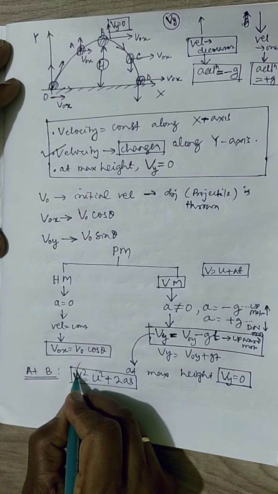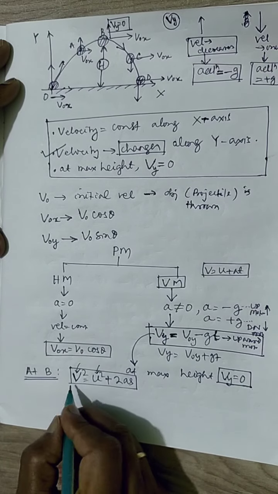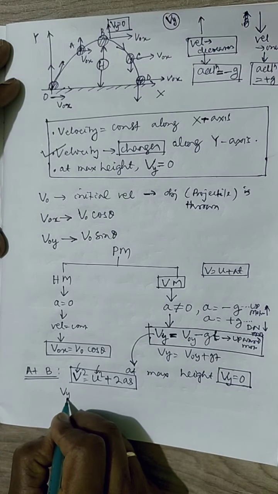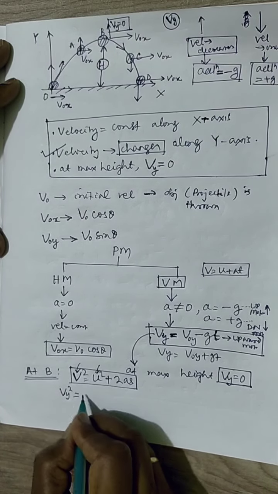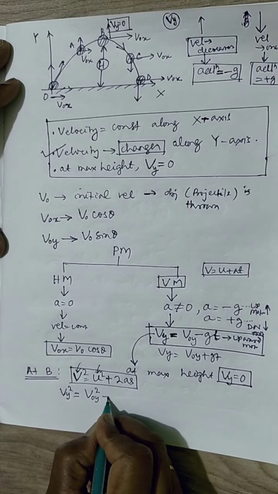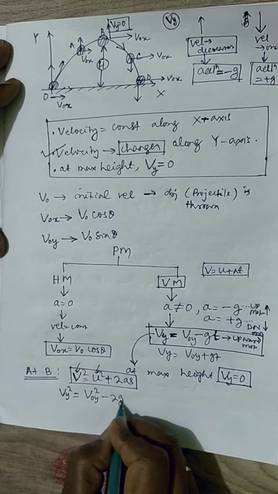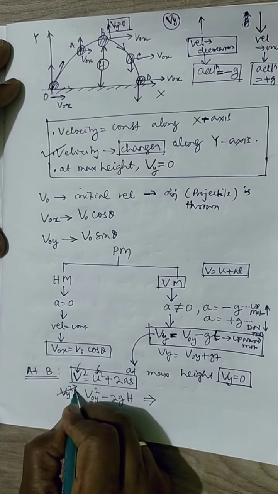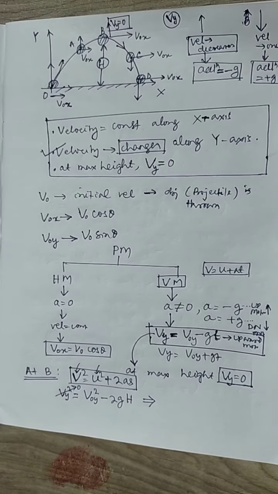V is the final velocity, use the initial velocity. Here, Vy square is equal to v0y square minus 2gh, where Vy is 0. Velocity along the y component at maximum height, or at B, is 0.